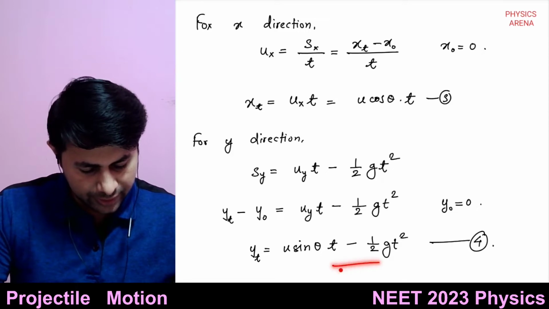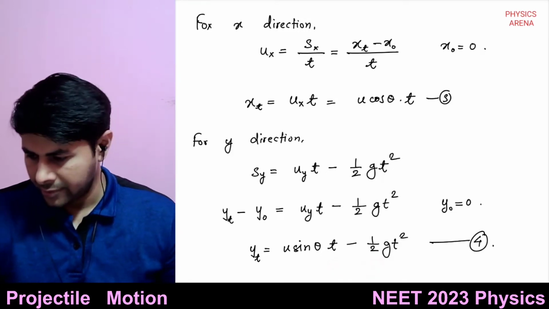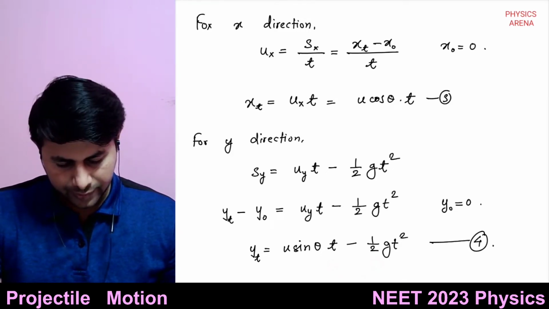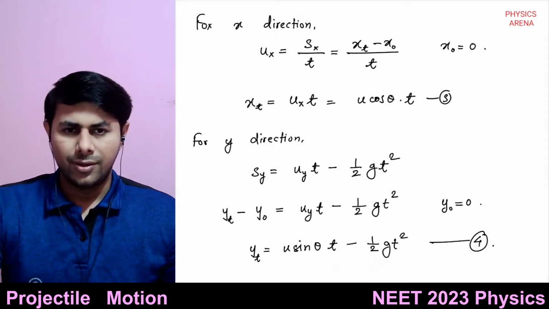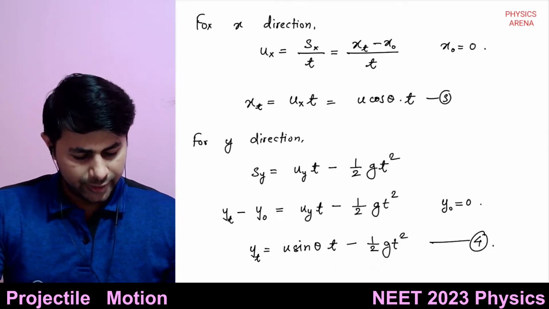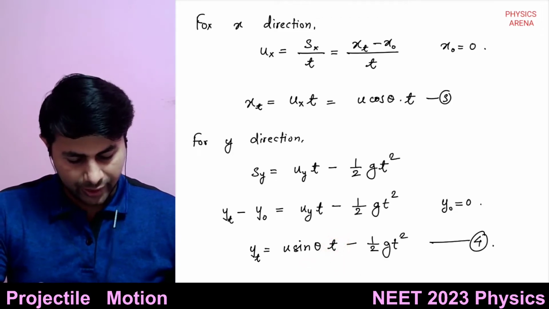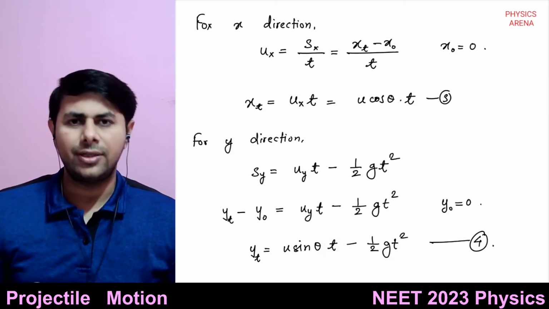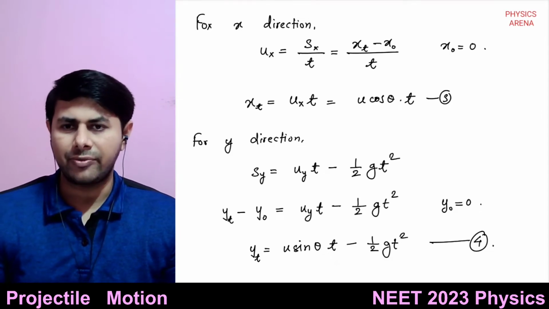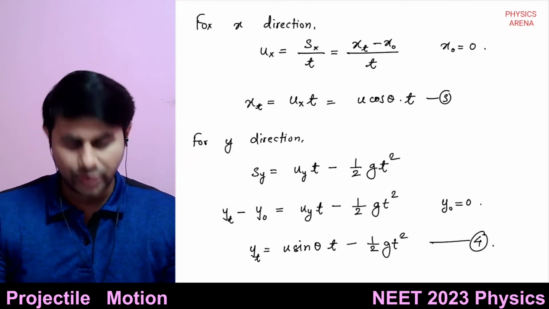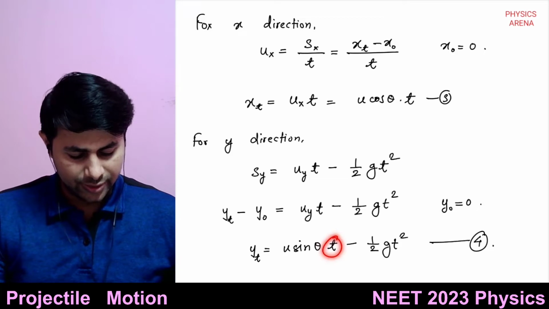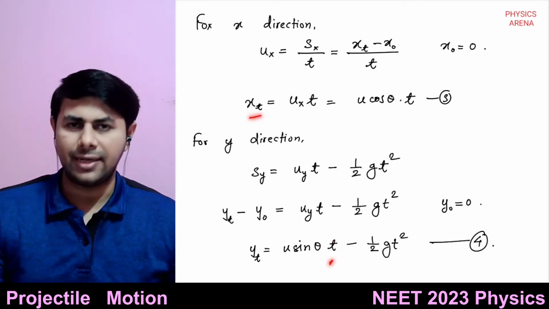So in this equation I have time, and I want the relation between y and x. That is my equation of trajectory. So what should I do? I should substitute for x in place of this time, right?